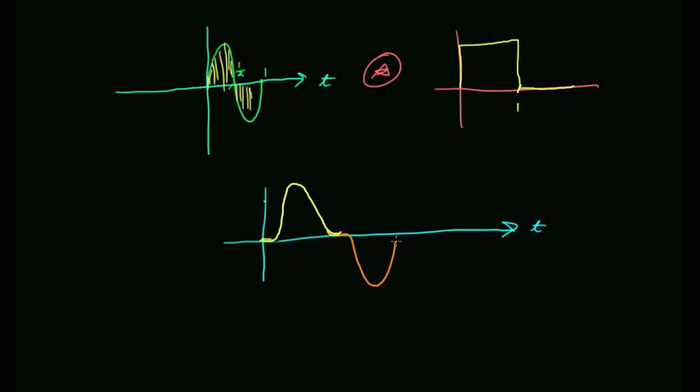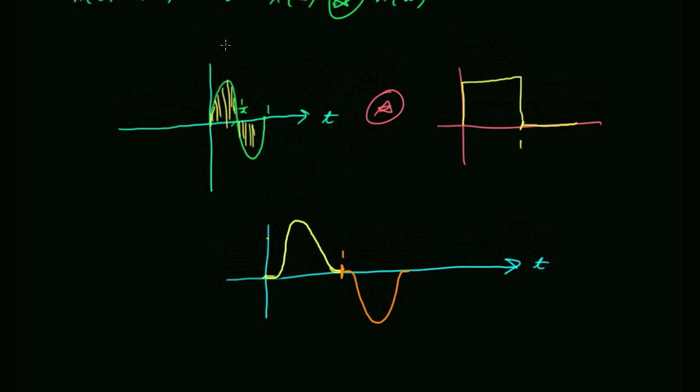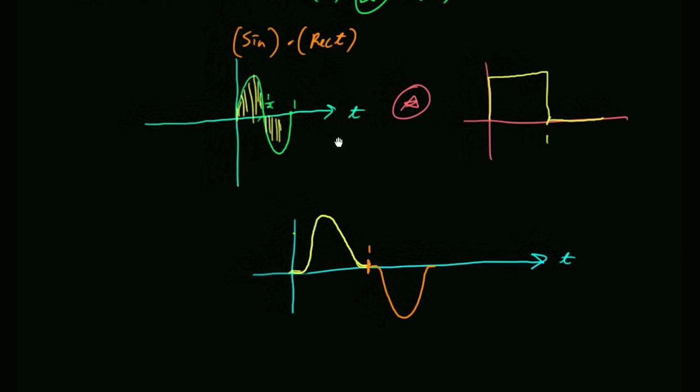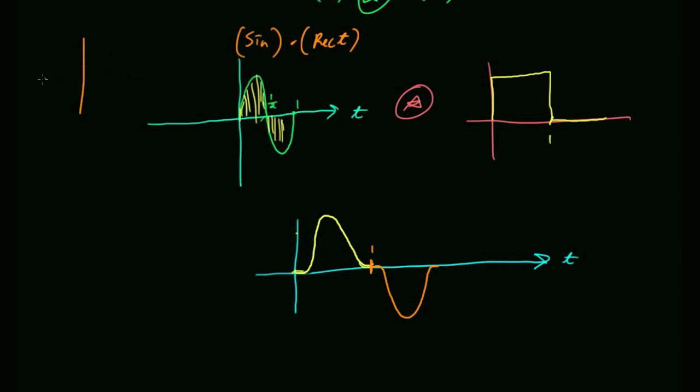But I do like the idea of what you were saying originally, which was to recognize that this is a sine times a rectangle, which means in Fourier space you're going to get basically a sinc pulse.